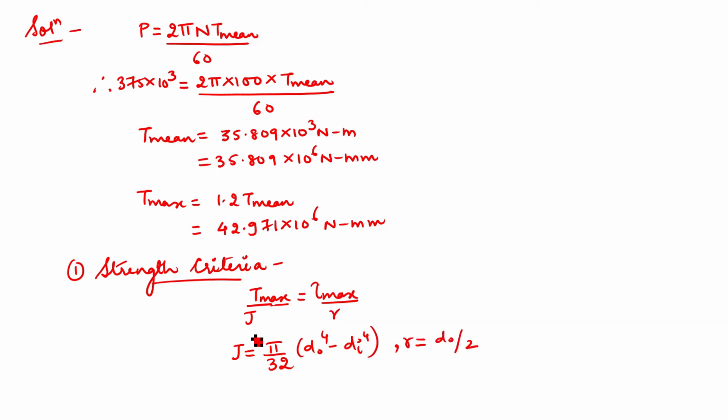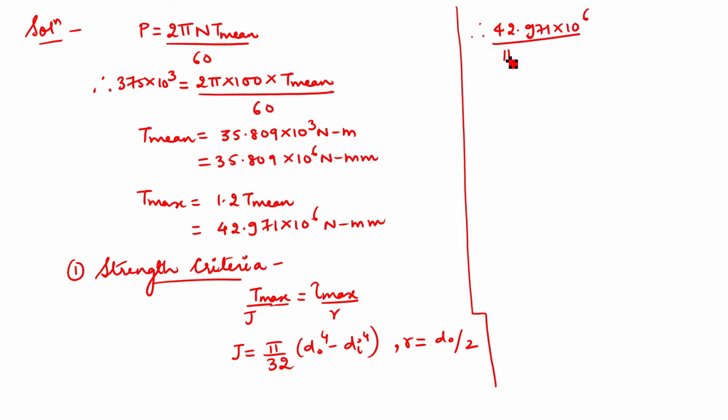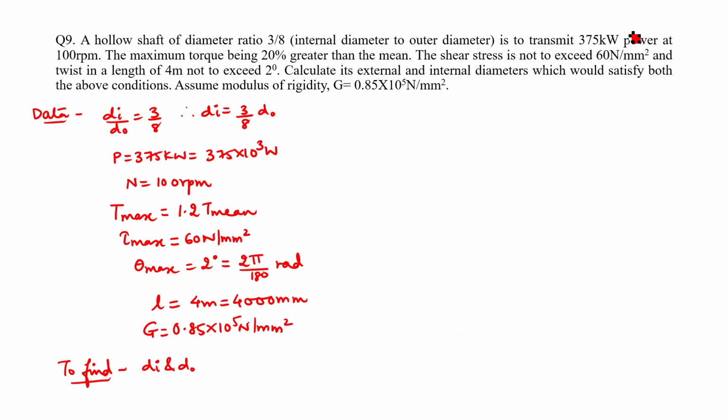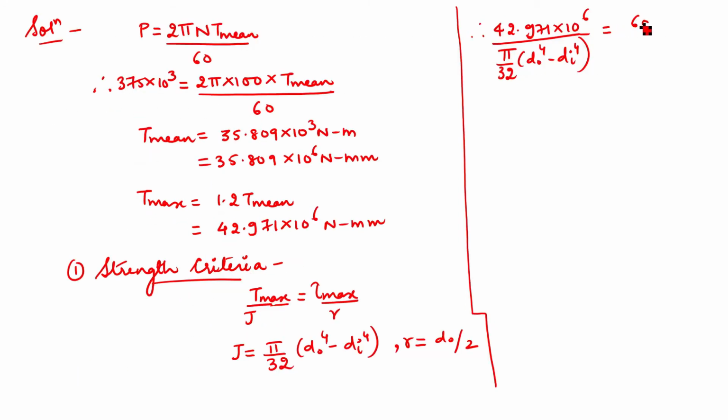So when I substitute here, therefore T max is 42.971 into 10 raised to 6 divided by J, which is pi by 32, DO raised to 4 minus DI raised to 4, is equal to tau max, given as 60, upon DO by 2.